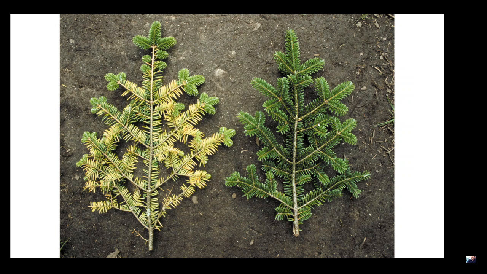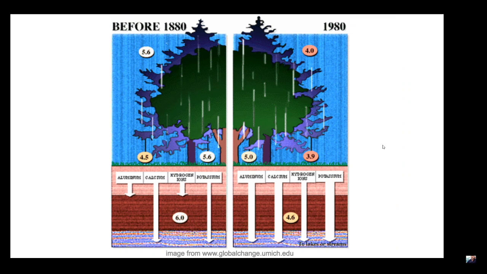Here's just a picture example of what acid rain can do to living organisms on our planet. And once again, this has a lot of nice graphics, right? Before 1880, the pH was roughly 5.6, right? But as we can see, from about 1980 to currently, the pH levels are changing and getting more acidic, which then has different effects on the land and organisms.